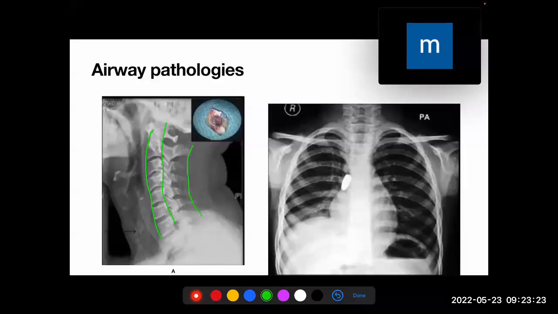Look at this outline here. From up here, there is an outline here. From down here, there is an outline here. Can you all see that outline? Eye of faith, people. If you look at this outline, there is this thing here, and that thing is this foreign body. So, foreign body in the trachea.